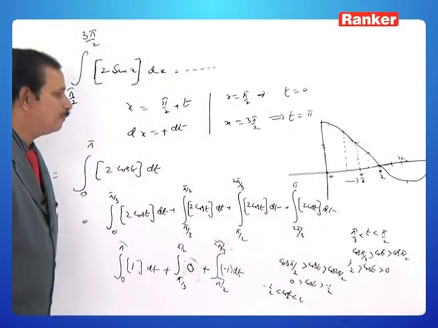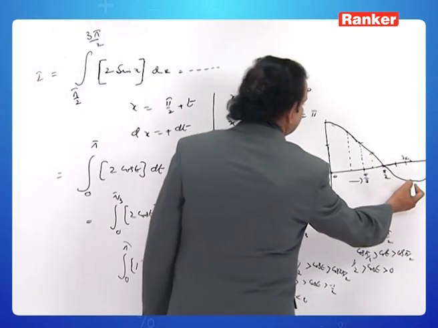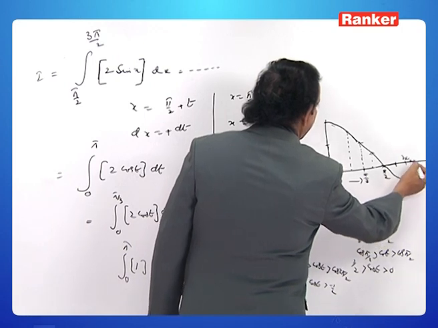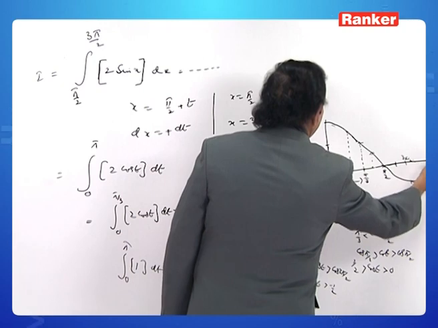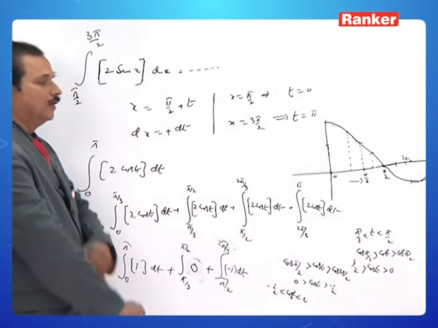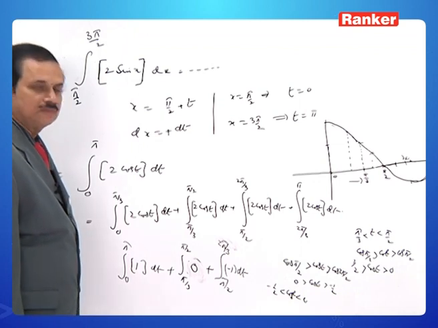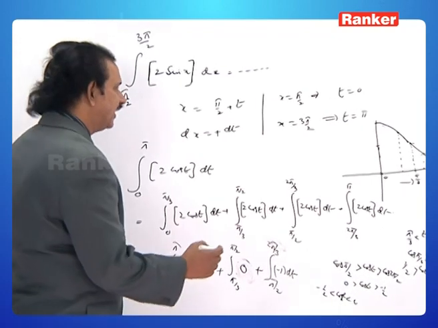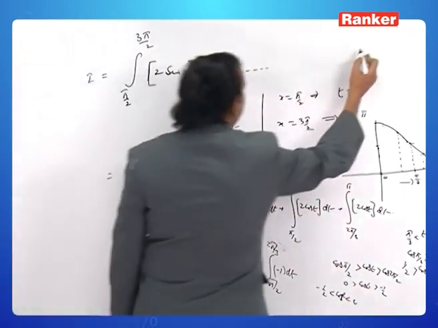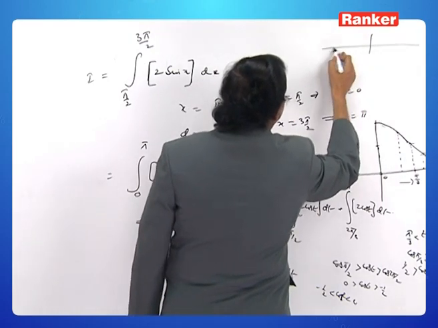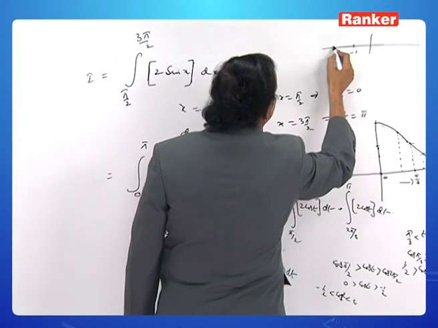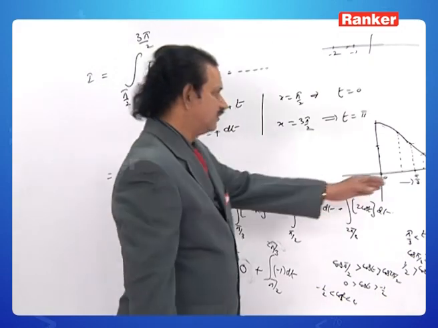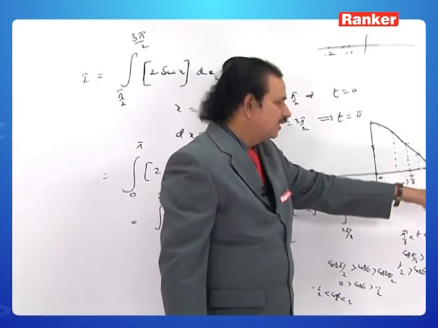And the last one, 2 pi by 3 to pi. Here cos t is less than cos pi, which is minus 1.